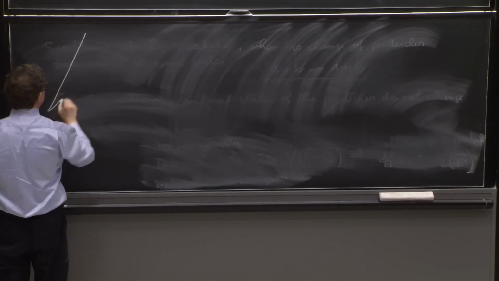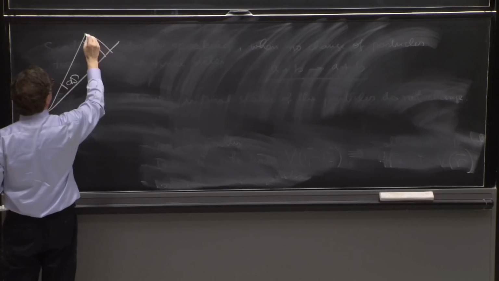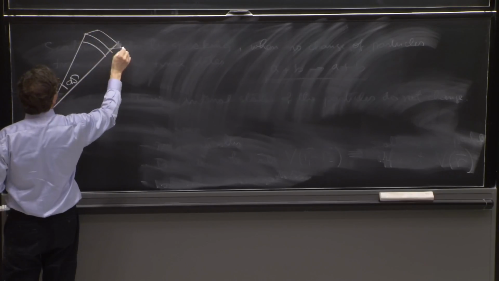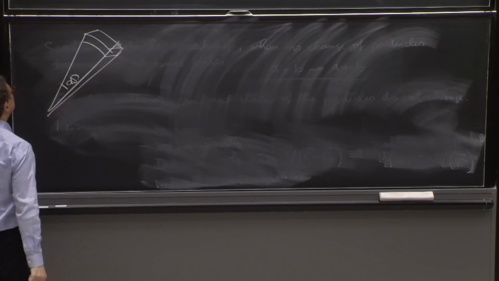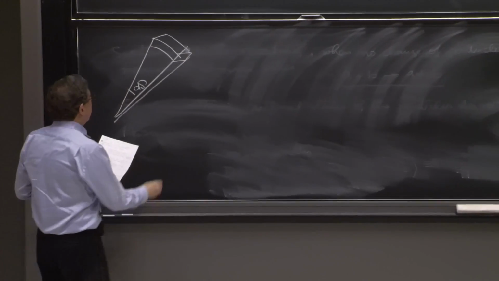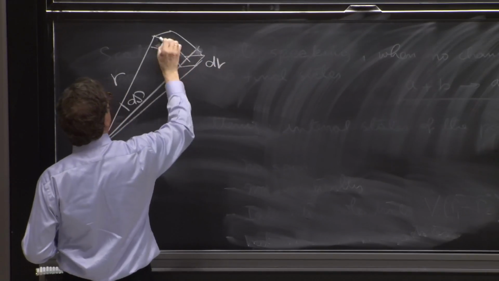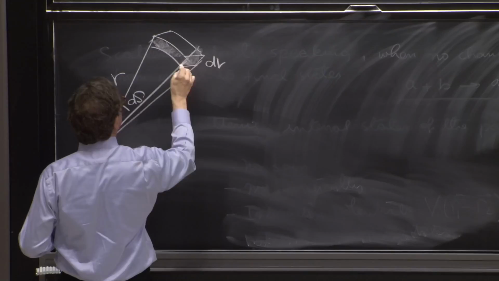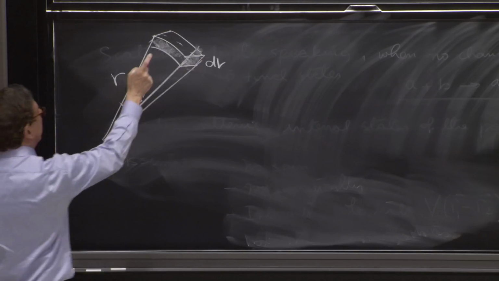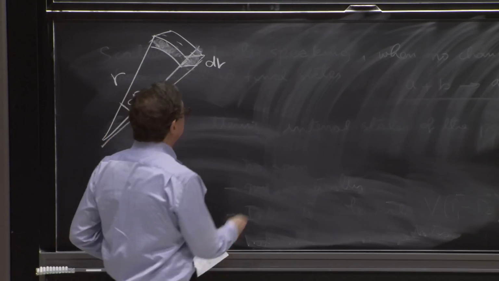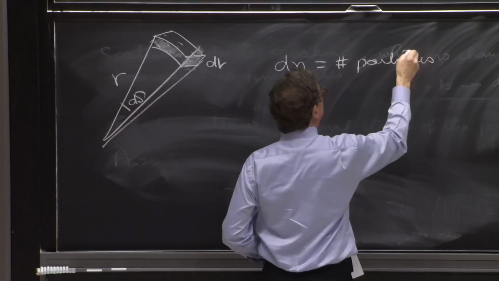We have a d omega here, and let's consider a little volume element here, at a distance r, with a little dr. And let's calculate how many particles there are in this small element. So dn is the number of particles in the little volume.